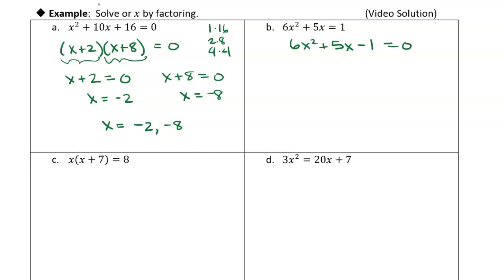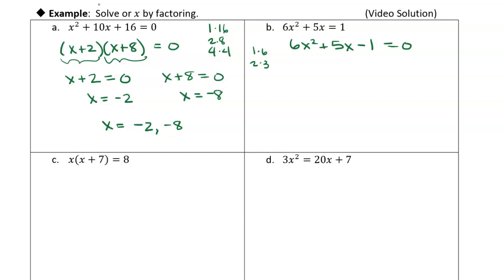This one does not have a leading coefficient of 1, so I've got to look at the product of 6 times minus 1, which is minus 6. The factors of 6 are 1 times 6, or 2 times 3. It's got to be, hang on, hold on. 6 times minus 1 is minus 6, so I want the product to be negative.